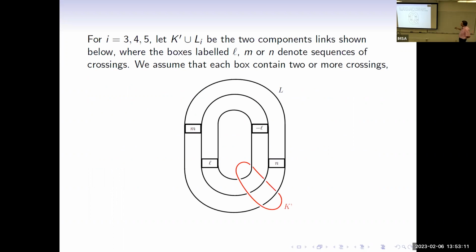So consider this picture. We have here a link L and a link K prime. This K prime is obviously a trivial knot, but this L is also a trivial knot. Here this N just represents a sequence of twists, represented by a box like that.